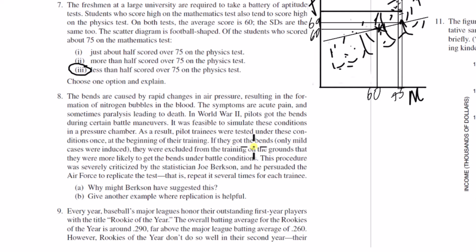If they got the bends, even only mild cases, they were excluded from the training on the grounds that they were more likely to get the bends under battle conditions. This procedure was severely criticized by the statistician Joe Bergson, and he persuaded the Air Force to replicate the test, that is, repeat it several times for each trainee. Why might Bergson have suggested this? Give another example where replication is helpful.